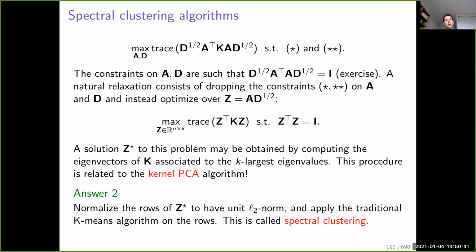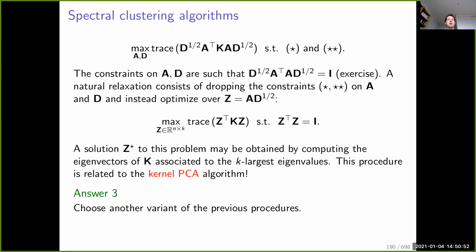So it's very easy to implement, but you see that the path to start from this complicated combinatorial problem to this was a bit complicated. And yes, the third answer is that you do something else, another variant of the previous procedures. I told you there is not a single spectral clustering algorithm in the literature. This is also one of the reasons why.